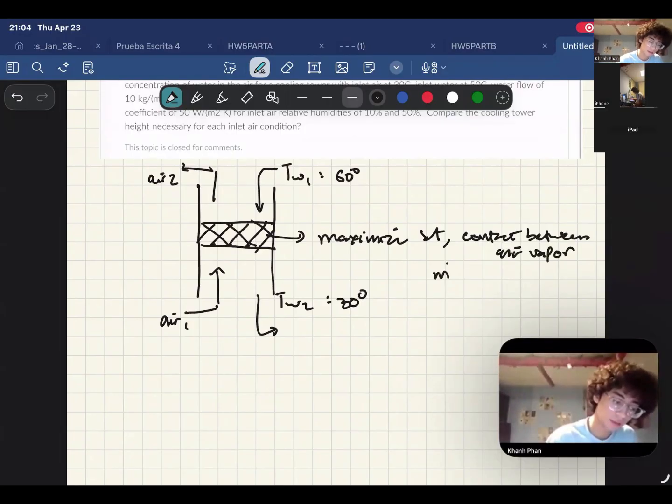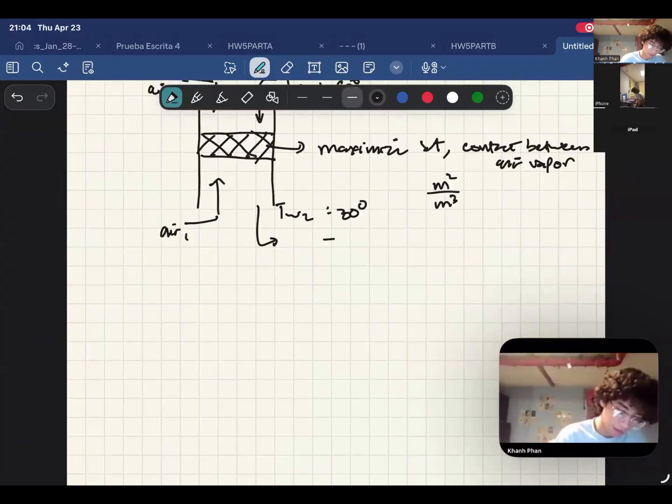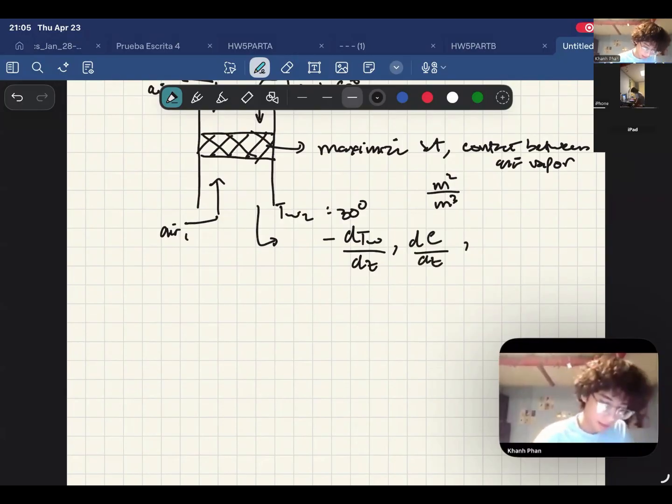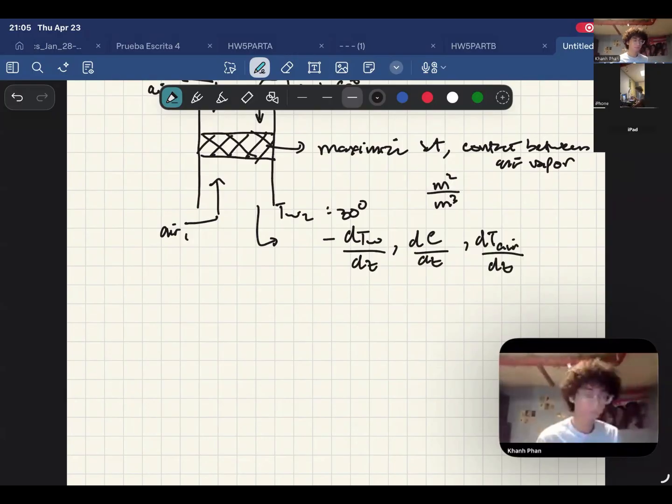It has a unit of meter squared over meter cubed. And these are the variables that we want to solve for: the change in temperature of water with respect to dz, the change in concentration with respect to position, and the change in temperature of air with respect to position.